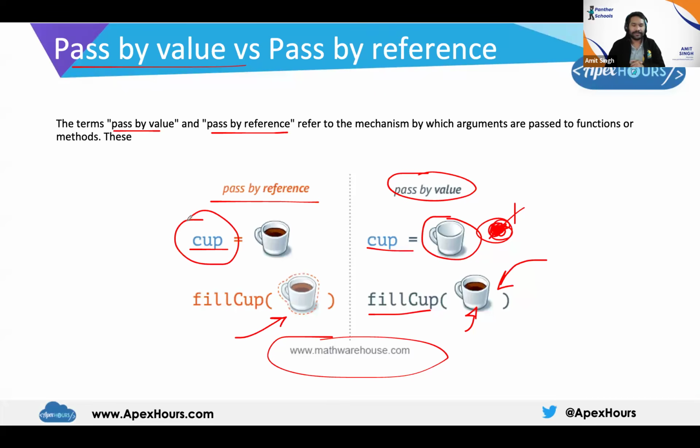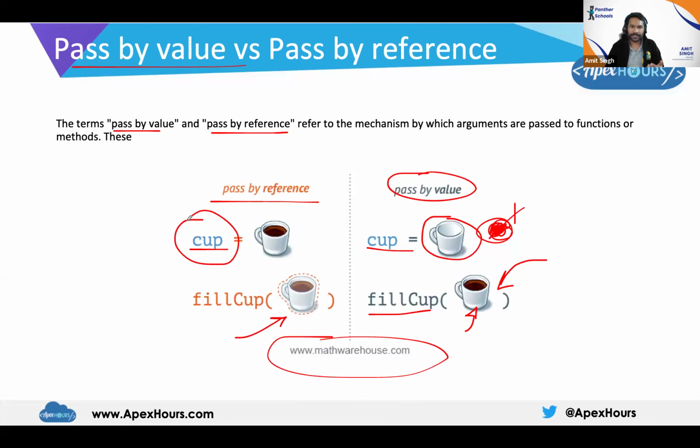Pass by value is like when I call you by name, Amit Singh. That is pass by value. And if I say, any senior developer in the room, come with me, that is pass by reference, because a person who is a junior developer today will become a senior developer tomorrow.